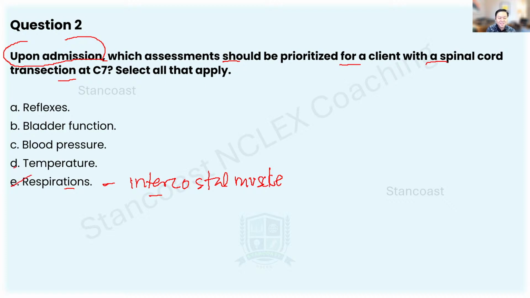What about the letter D? Temperature. Will that be needed? Do you think temperature checking is part of the assessment? Of course. You need to do the temperature checking, as we know that the body can lose its ability to regulate the temperature due to the spinal shock.